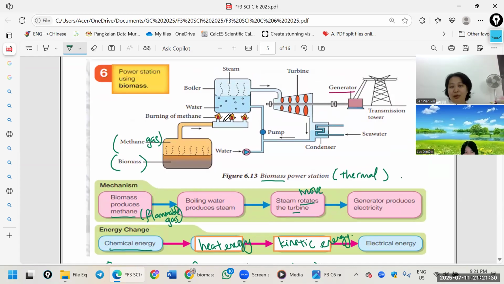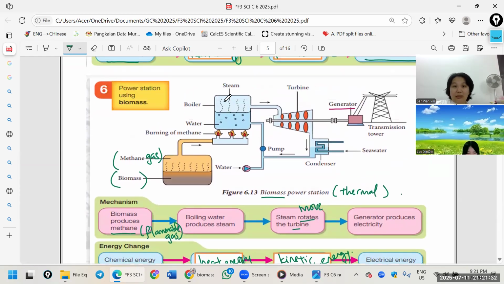Methane gas burns the water, which becomes steam. Steam turns the turbine. The turbine turns the magnet. The magnetic field lines cut the coil in the generator, generating electricity, and it will be cooled down and steamed again. That's it.